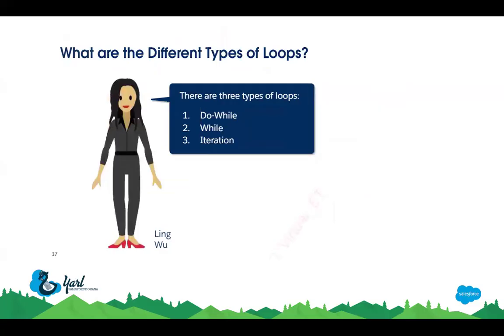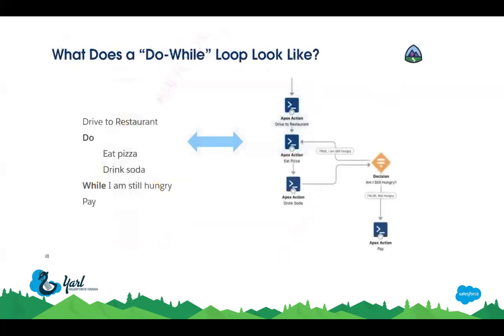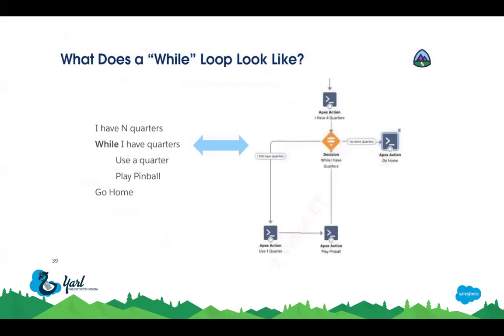Then loop. As you know, we have 3 loops, right? Do while loop, for loop. Likewise in flow, we have an element called iteration to do things multiple times. So that's how a loop will look in flow.